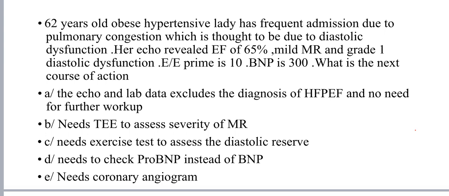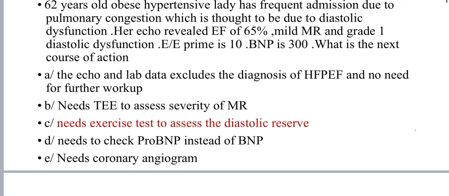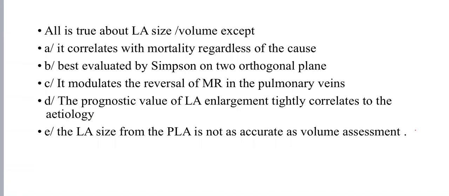Okay, good. Now, all is true about the LA size and volume except: A, it correlates with mortality regardless of the cause. B, best evaluated by Simpson on two orthogonal planes. C, it modulates the reversal of MR in the pulmonary vein.